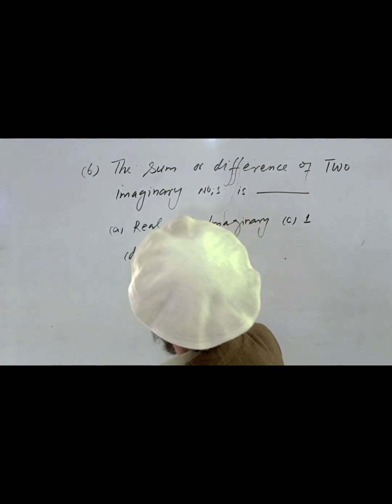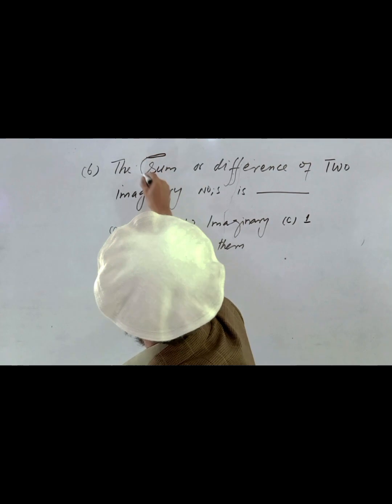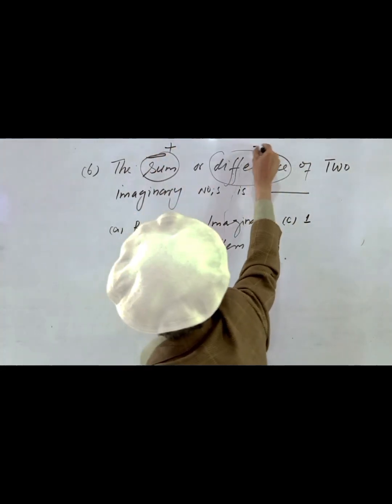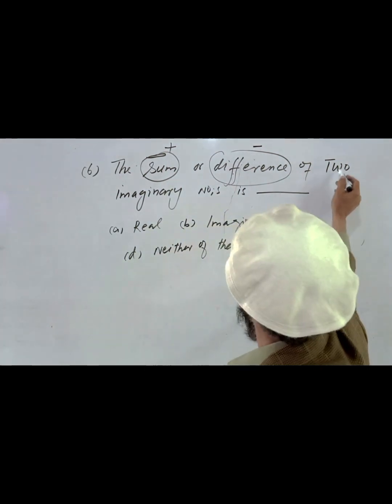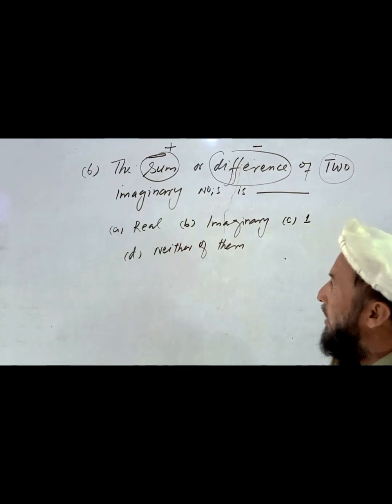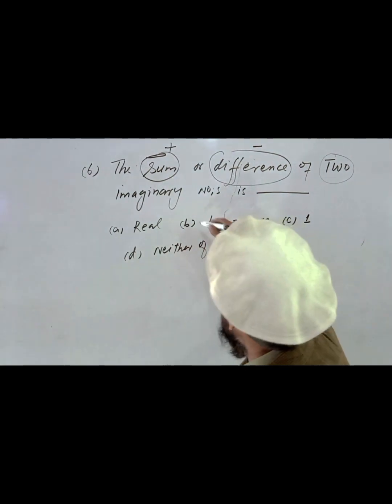So the answer is, look here, sum and difference are used, meaning plus and minus. If we take any two imaginary numbers and subtract or add, we will automatically get imaginary numbers.